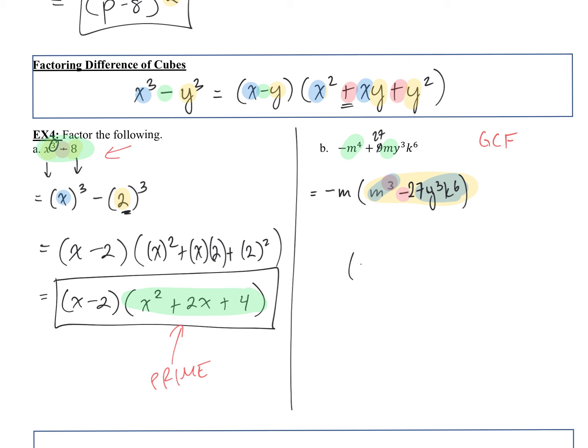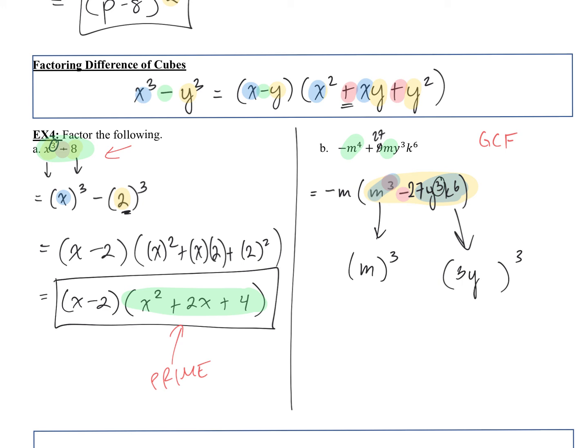So m, well, I can just rewrite that as m cubed. Now this one's a little trickier. Can I rewrite that as something cubed? The answer is yes. 27 is 3 cubed. y to the 3rd power is y.